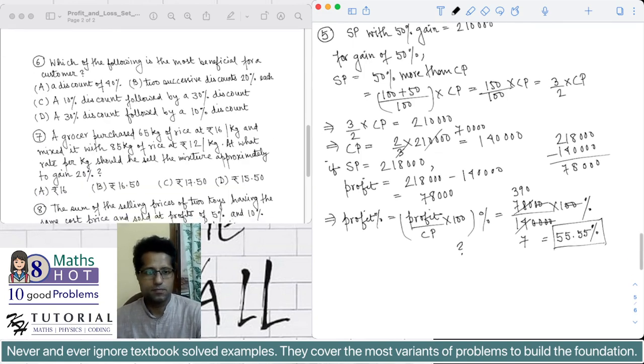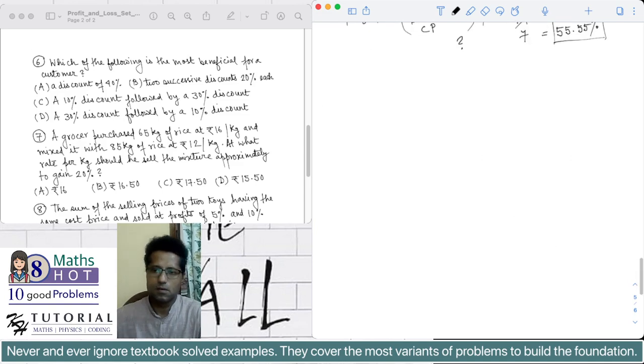Question number 6. Which of the following is the most beneficial for a customer? A discount of 40%, two successive discounts of 20% each, a 10% discount followed by a 30% discount, or a 30% discount followed by a 10% discount.